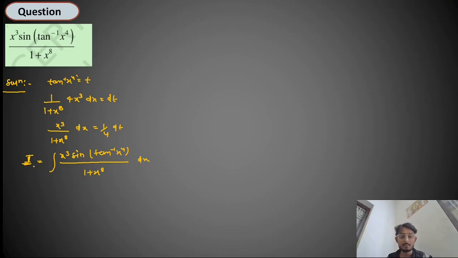You can put the value of x cube upon 1 plus x to the power 8 dx equal to 1 by 4 dt, and sin tan inverse x to the power 4 equal to sin t. Integration of this term equals 1 by 4 times minus cos t plus c. Now put the value of t: minus 1 by 4 cos of tan inverse x to the power 4 plus c. Let's move on to another example.